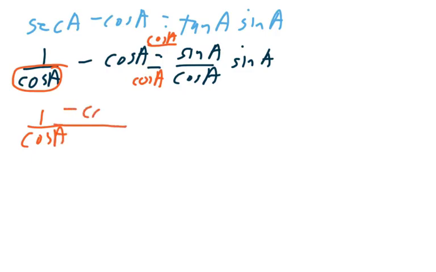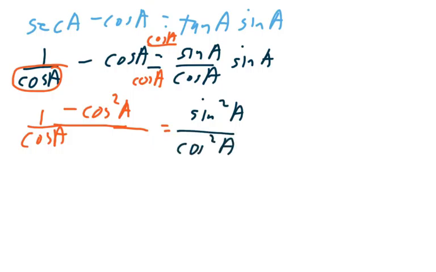And since that's the common denominator, it's actually underneath the whole thing. And cosine times cosine is cosine squared. On the opposite side, I have sine times sine, which is sine squared A over cosine squared A. Now if you remember, we had the equation sine squared plus cosine squared equals 1.